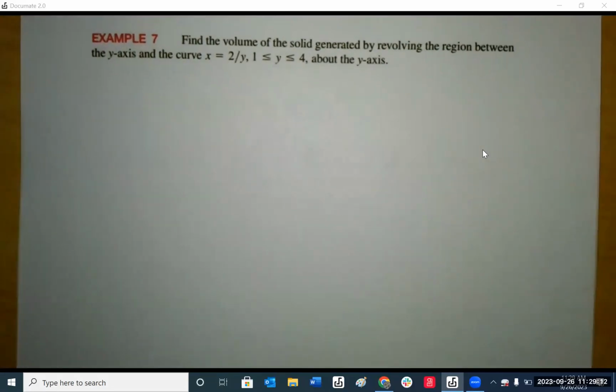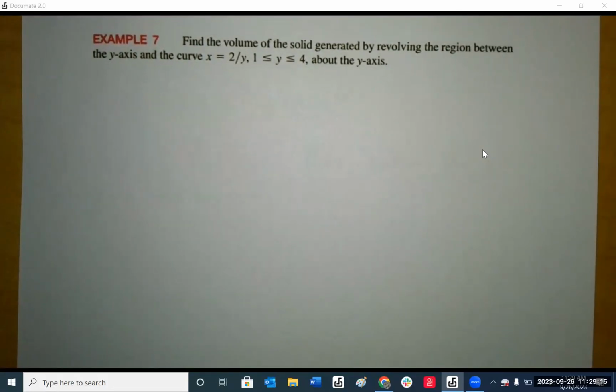Find the volume of the solid generated by revolving the region between the y-axis and the curve x equals 2 over y, bounded from 1 to 4, about the y-axis.